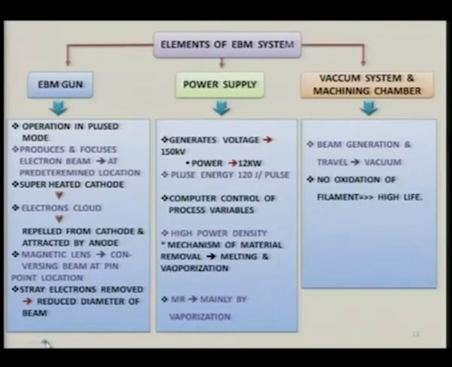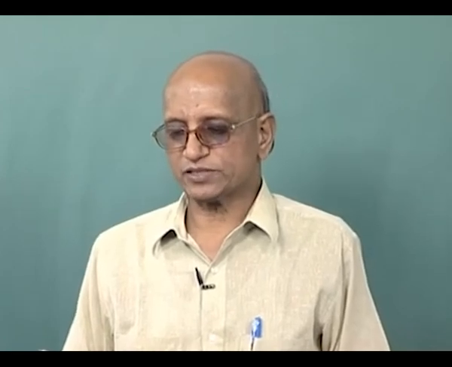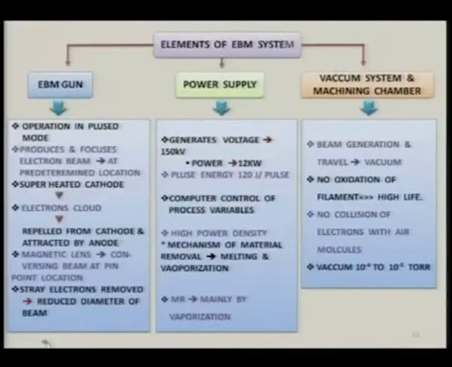No oxidation of the filament takes place because it is a vacuum, so there is no oxygen, no air in the beam generation chamber or machining chamber, hence there is no oxidation of the filament, and the filament has a high life. There is no collision of electrons with air molecules because vacuum is there and the vacuum value is very high.